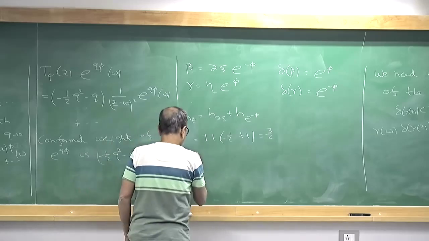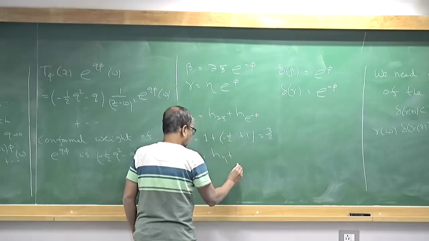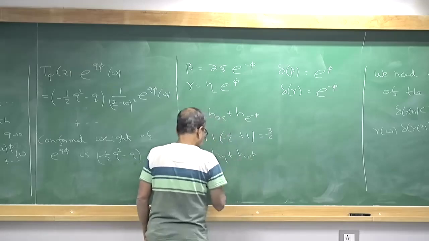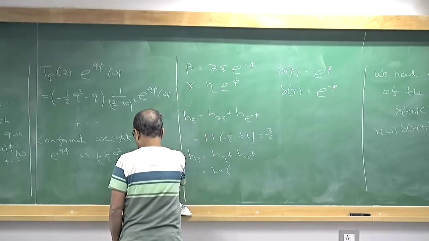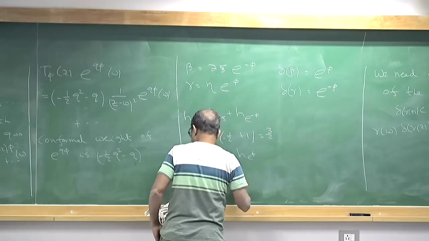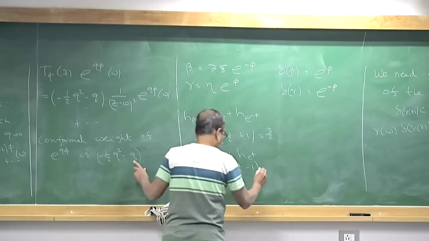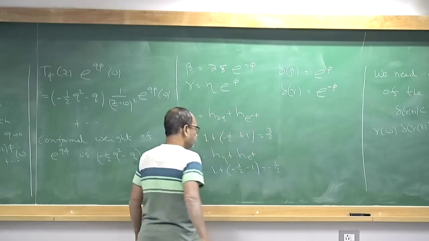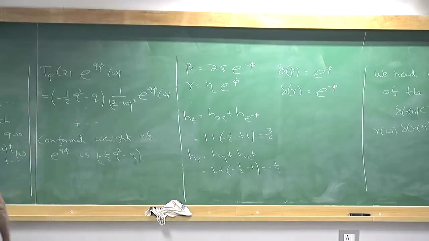H of gamma is H of eta plus H of e to the phi. Eta has dimension 1, and e to the phi has minus 1/2 for the charge term and minus 1, so that's minus 1/2. Eta has weight 0, 1; left is always 0, so you don't worry about the left.